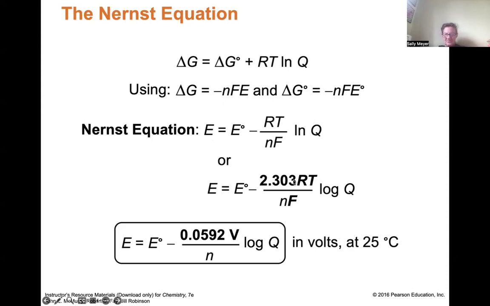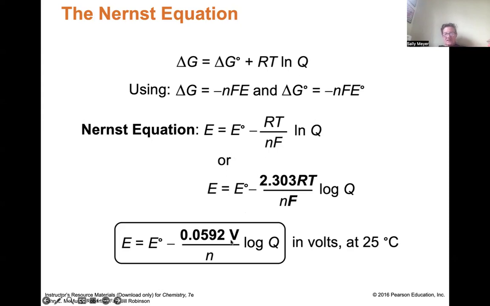I would strongly advise there's no reason to use these next 2 equations. You're free to use them. The one right below the Nernst equation has just changed natural log to log, and you do that by multiplying by 2.303. I don't really see any value in doing that. Your calculator can do natural log just fine.